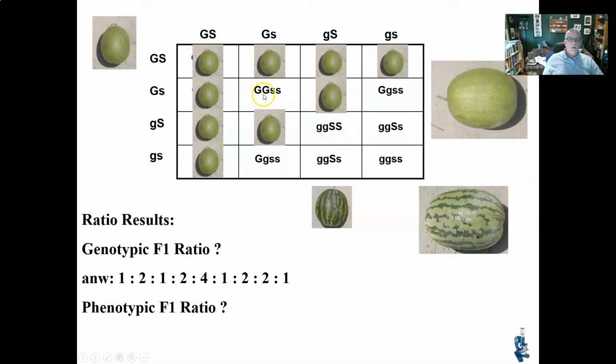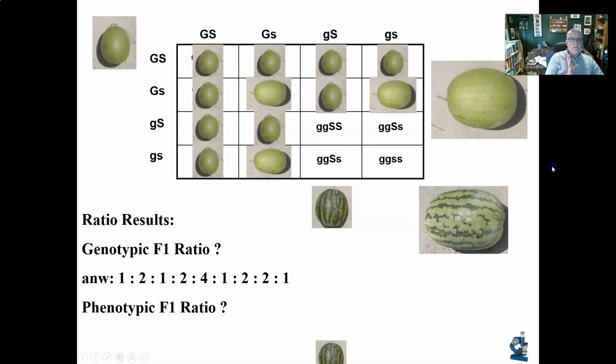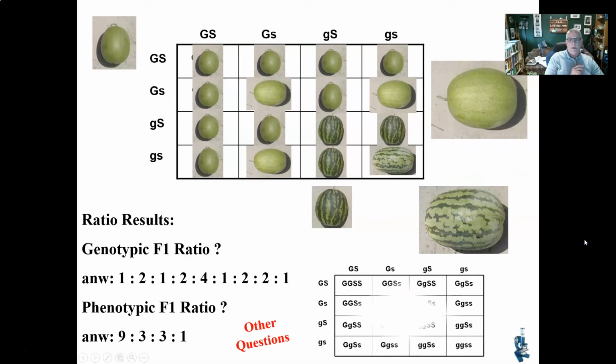This right here, that big G, little s, that's going to be a long solid. Same thing here, and same thing down here. Again, how do I know that? Just look at the original question. This right here, that's going to be a short striped. Same thing here. Same thing here. And this one here is going to be a long striped. So the phenotypic ratio, upper left to bottom right, is going to be a 9-3-3-1.